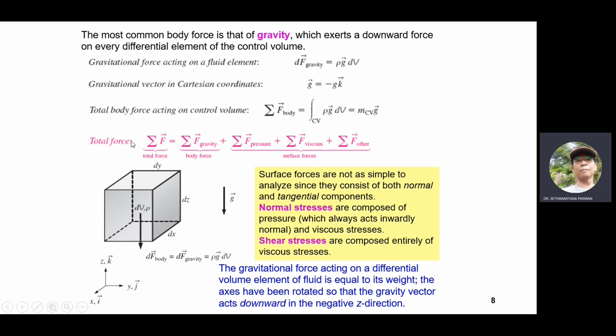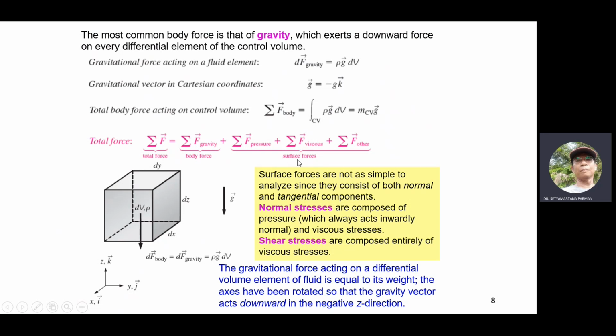Then the total force can be expressed as sigma F. This is the total force, and it is equal to the total gravity force, which is the body force, plus the surface forces.